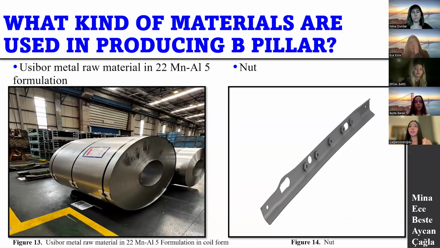What kind of materials are used in producing the B-pillar? The B-pillar is produced using usable metal raw material in 22 manganese aluminum 5 formulation, resulting in high strength and an environmentally friendly structure. A metal rod is utilized in the B-pillar system, enabling the combination of vehicle materials.